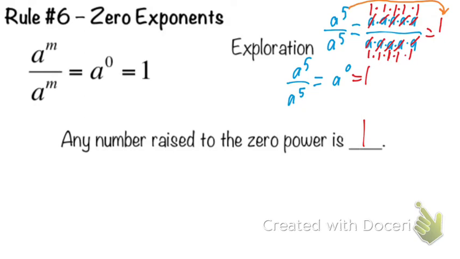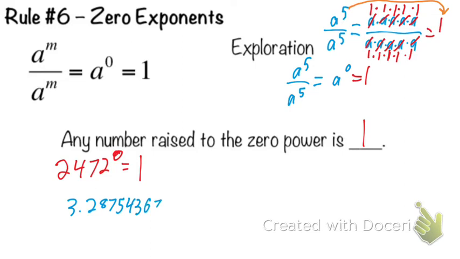If I take 2,472 and raise it to the power of 0, what's it going to be? 1. Every time it's going to be 1. If I take 3.287543667 all being raised to the 0, what do I get? 1.